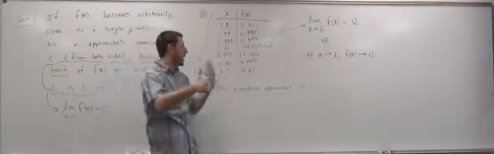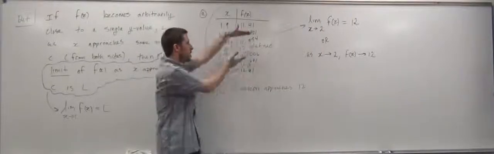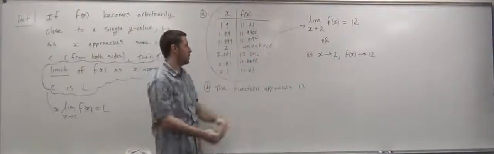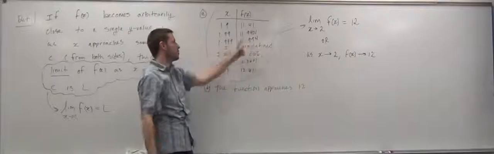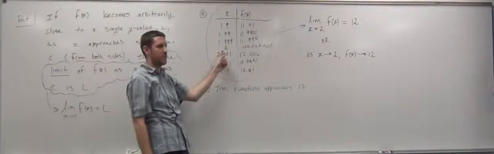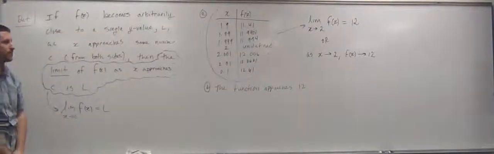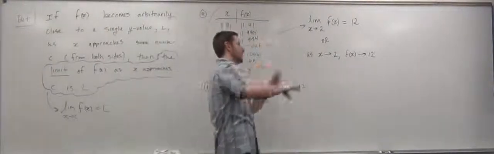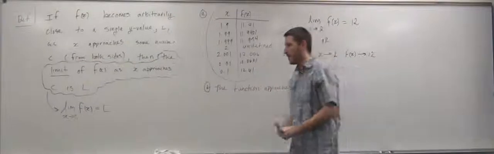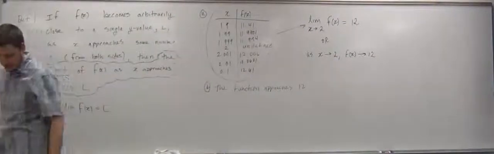So, whatever sort of tolerance you want, if I want to get within 1/1,000,000th of 12, I can do so by picking an x value close enough to 2. That's what this means. Let me leave it at that. Let me do some more examples. Some different examples.